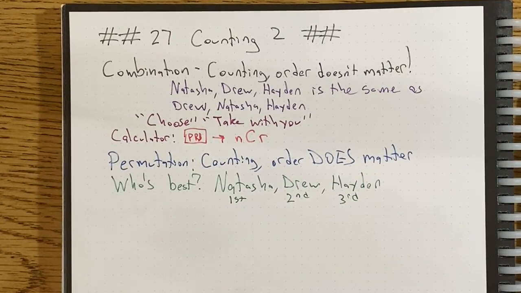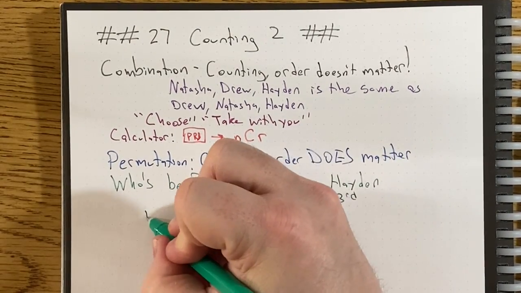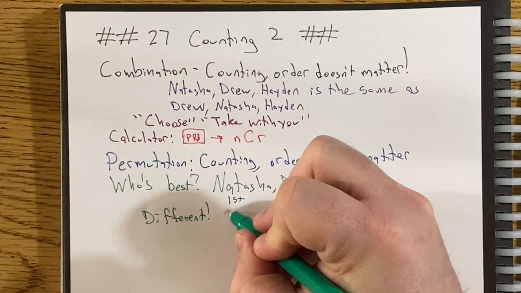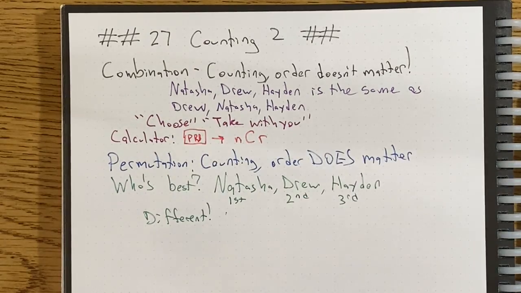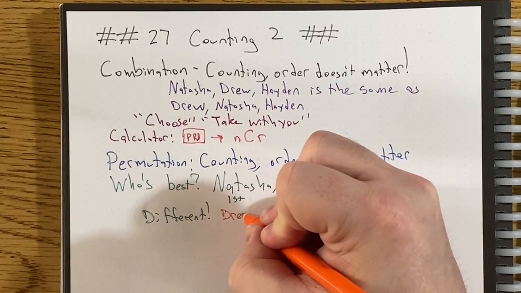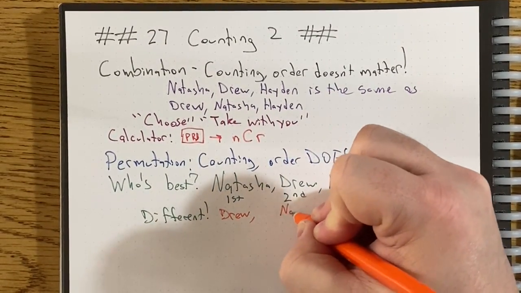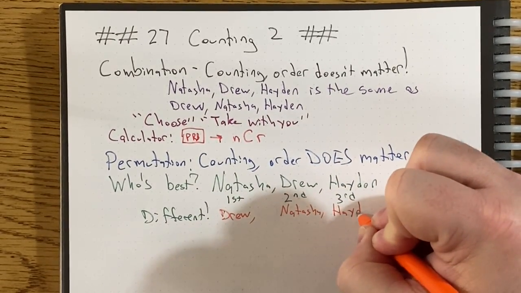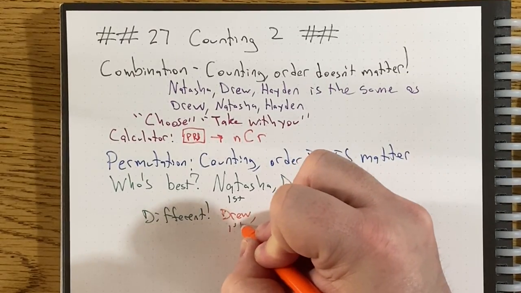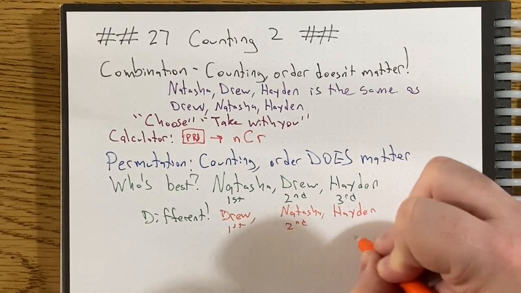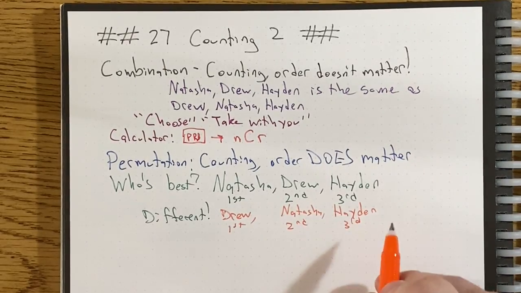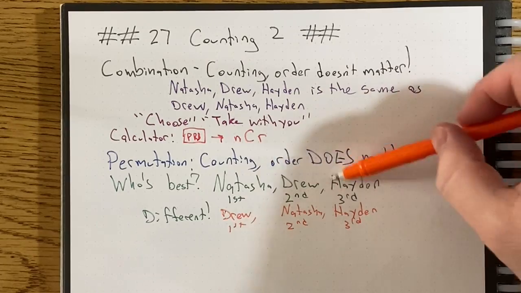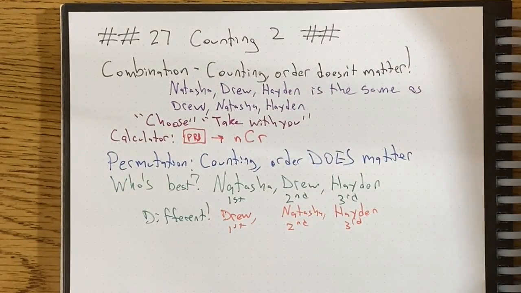That's some way I could pick it from the class, but this is different than Drew, Natasha, Hayden. Right? So, in a permutation, the order does matter because these things are all differentiated in some way.